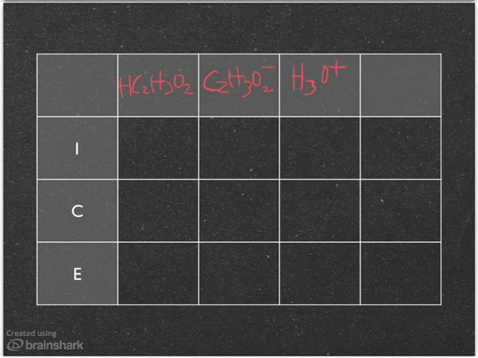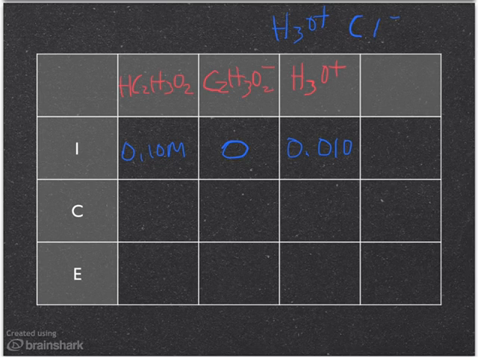Now, initially, going back to the problem, you notice that we had 0.10 molar for the acetic acid. We didn't have any of the acetate ion, but we did have HCl being added to the solution, and so this will go here as the 0.010, because again, if you were to put HCl in water, it would form H3O plus and Cl minus, so it is going to add to here.